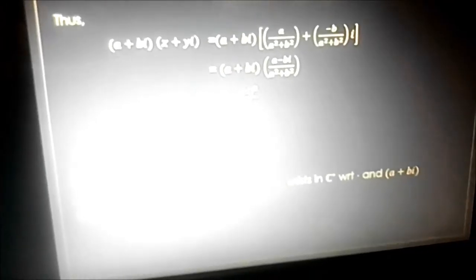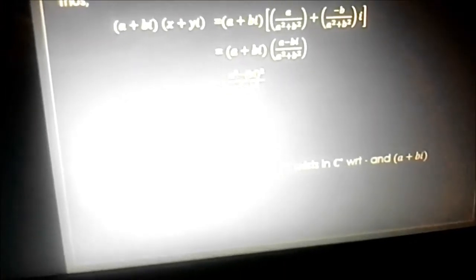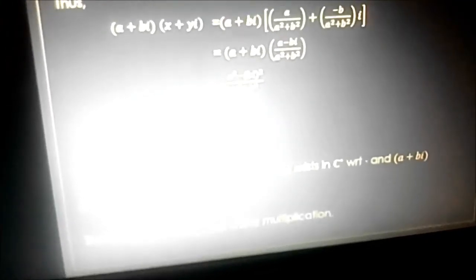Similarly, x plus yi multiplied by a plus bi is just equivalent to 1. Hence, the inverse element of a plus bi, which is x plus yi, exists in C star with respect to multiplication, and a plus bi multiplied by x plus yi is equivalent to 1, or 1 plus 0i, where our complex number is not equal to 0.